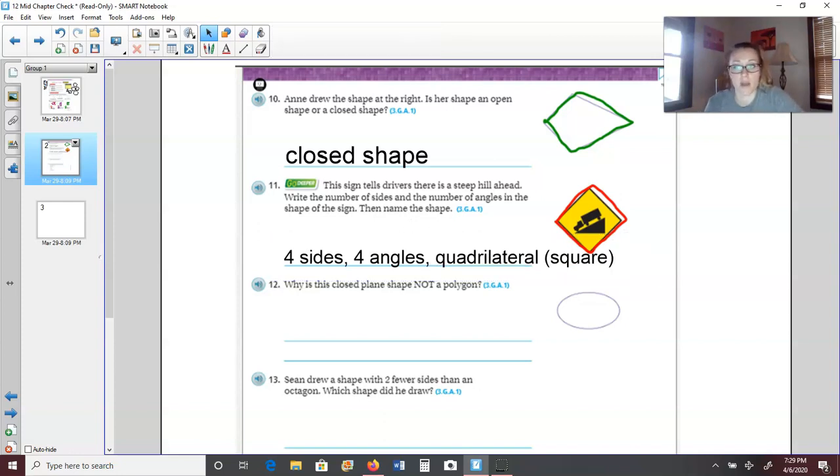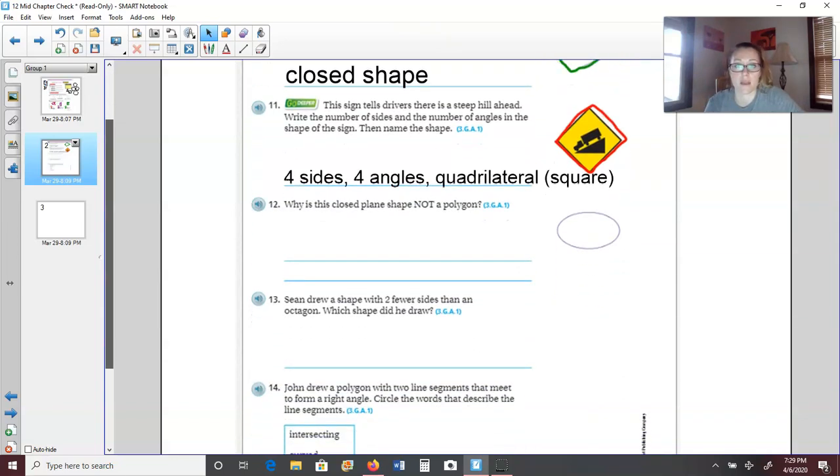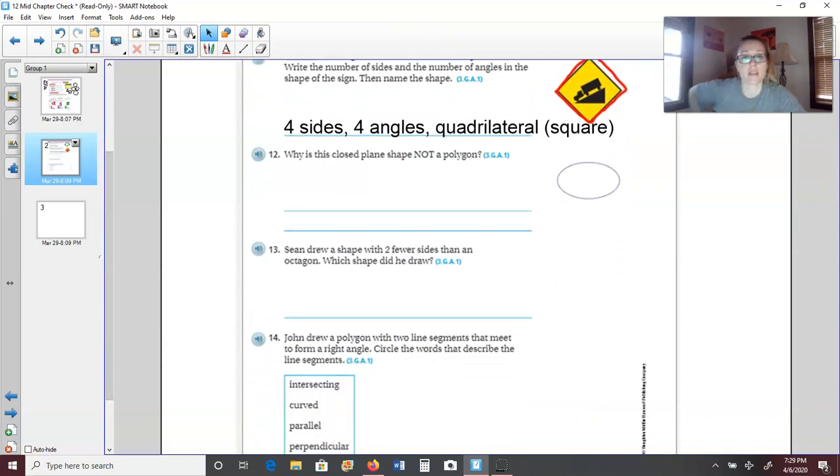Okie dokie, moving on, number 12. Why is this closed plane shape not a polygon? Come on, guys, why isn't this poor guy a polygon? It's flat on our paper, it's closed up. Why is it not a polygon? This is where I would love to see your hands raised in class and have you answer and share your wonderful thinking.